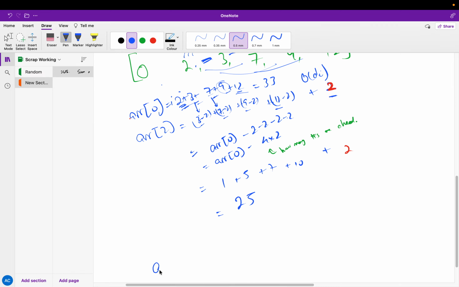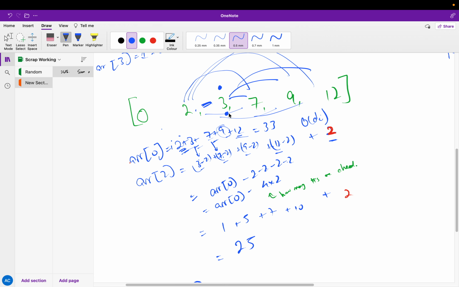So yeah, array at index 3, this 3 over here, would be what? This jump can be the same as this jump minus 1. But I didn't really, did I? I kind of did this jump, this jump plus this jump plus this jump.